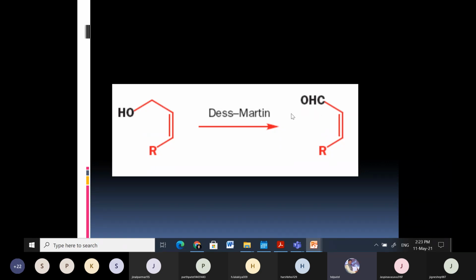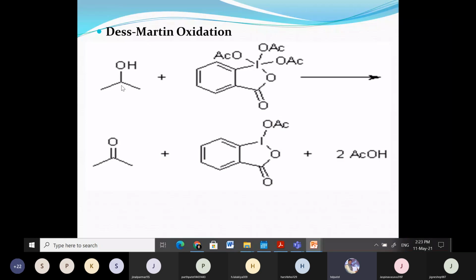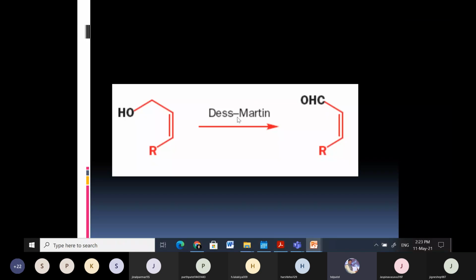So what have we discussed? If we have a secondary alcohol, then by treatment with DMP we will get a ketone. But if we have a primary alcohol, then by treatment with Dess-Martin reagent, we will get an aldehyde. So this is the usefulness and importance of this oxidizing agent.